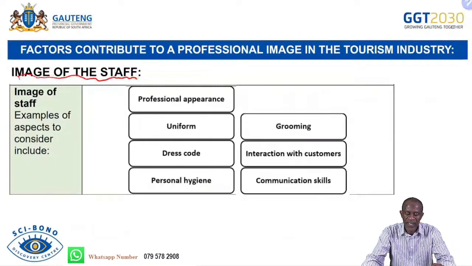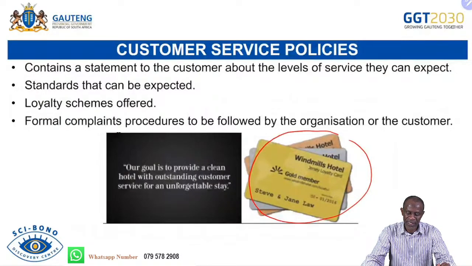These are the factors that we'll focus on in defining the image of staff in a business, in explaining the image of people who are employed in the business or by the business.